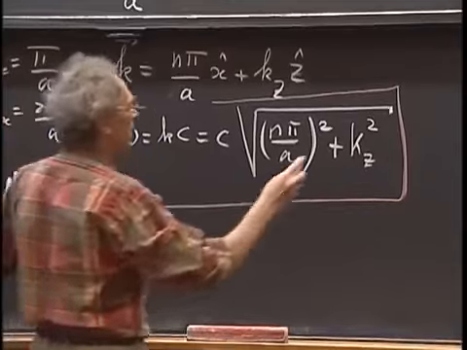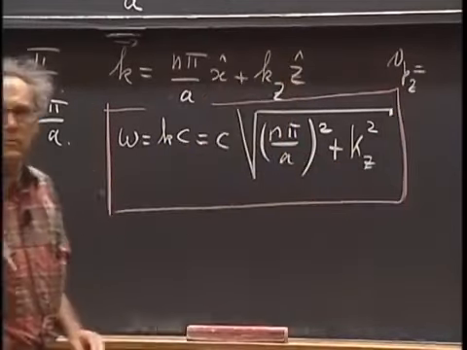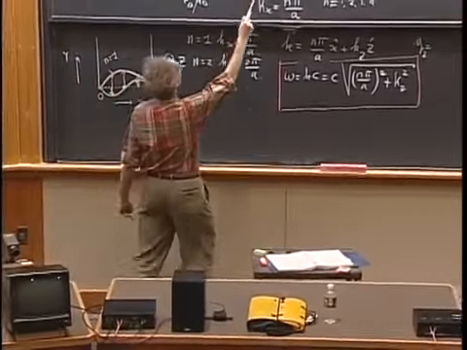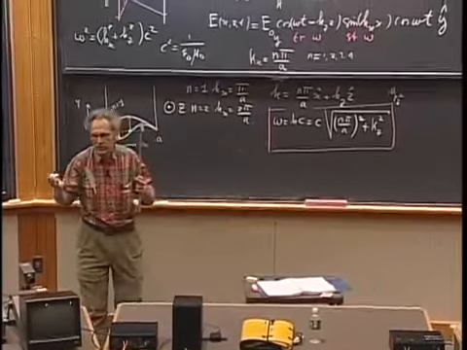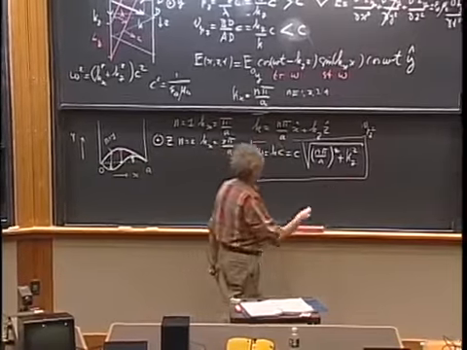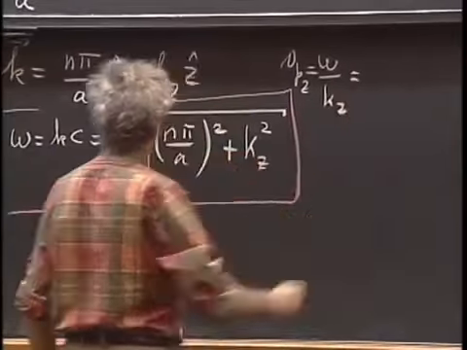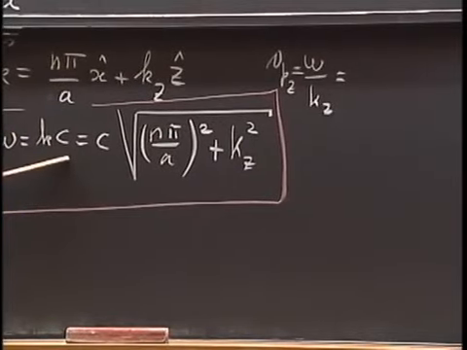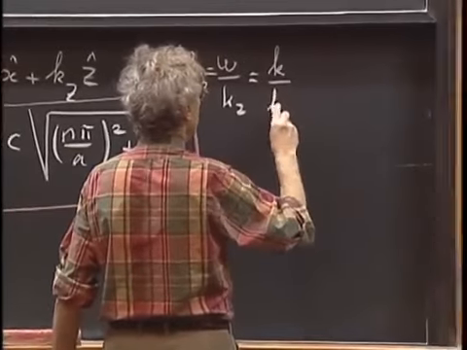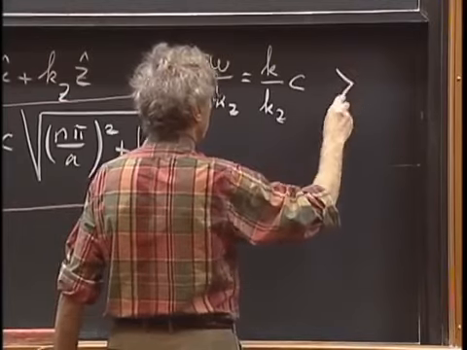And so now you can ask yourself, what is now the phase velocity in the z direction? We already know what it is. It must be that. We already reasoned that purely from geometry, but it must come out now too. Well, the phase velocity in the z direction is omega divided by kz, but omega itself is kc, so that becomes k divided by kz times c, and that is always larger than c.